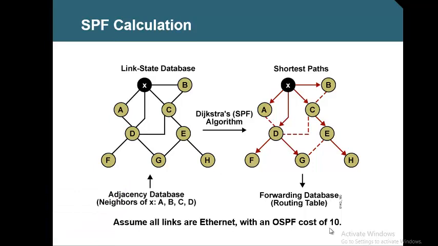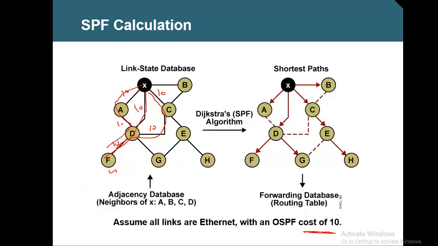Considering each link cost is 10, every link is 10. If I want to go from X to F, taking this path is cheaper because it is 10 plus 10, which is 20, rather than taking 10, 10, 10, which is 30.